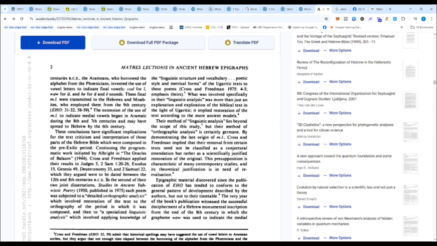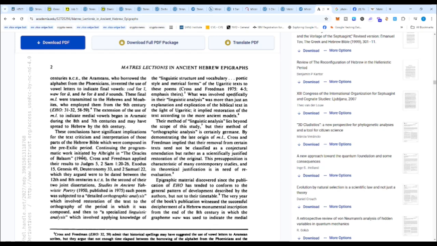In the second of the two joint dissertations, Studies in Ancient Yahwistic Poetry, 1950, published in 1975, each poem was subjected to a detailed orthographic analysis which involved restoration of the text to the orthography of the period in which it was composed, and then to the specialized linguistic analysis which involved applying knowledge of the linguistic structure and vocabulary, poetic style, and metrical forms of the Ugaritic text to these poems.